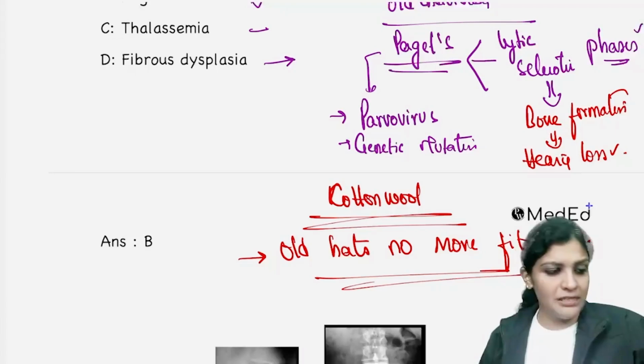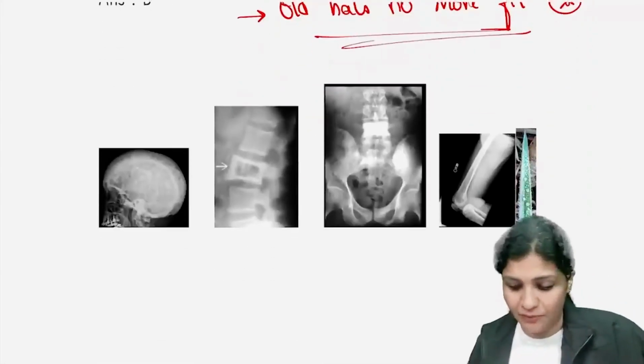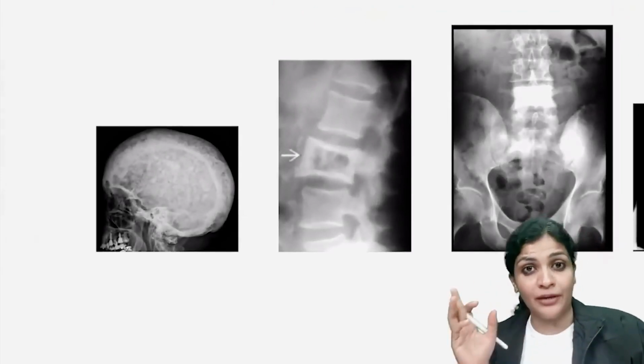Yeah, all this is multiple myeloma, no. Screw cut, yeah, in thalassemia you have this screw cut, right? And picture frame vertebra is also Paget's disease. That is again sclerotic and lysis.